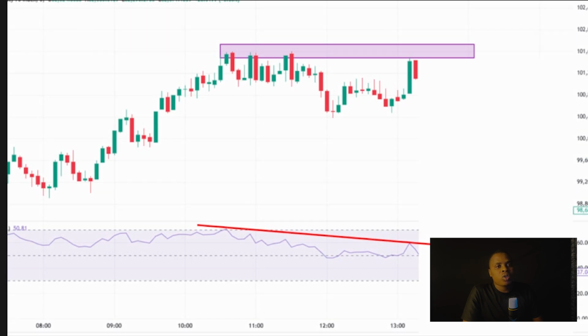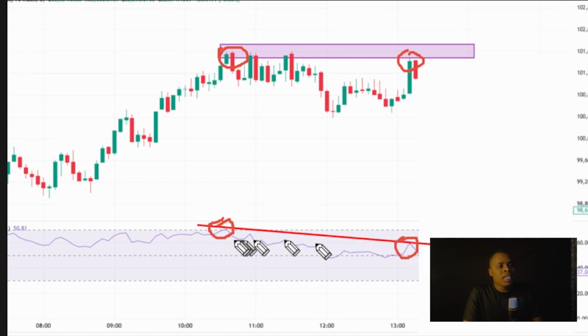So here's what you do. On your RSI, you want to look at the first zone that you were touching, which is here, and look at where the RSI was. If you see that on that zone the RSI went overbought, it means there was a lot of buying pressure. Then you look at the second touch on your area of value, and look at the RSI.